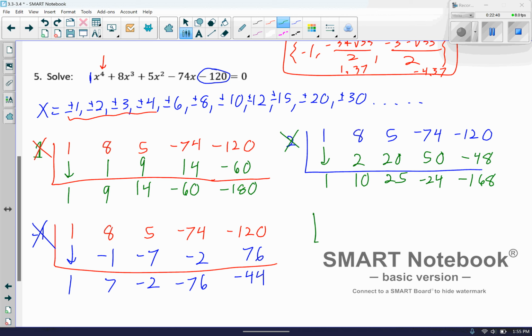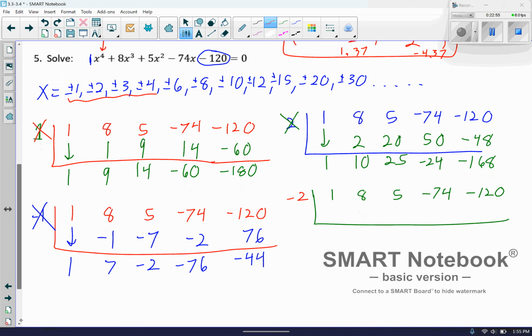I kind of have a good feeling about that one, I hope. So let's see, 1, 8, 5. So really you just do the same thing over and over and over. So here we go. For negative 2, drop the first one. 1 times negative 2 is negative 2. Add that, that's 6. 6 times negative 2 is negative 12.